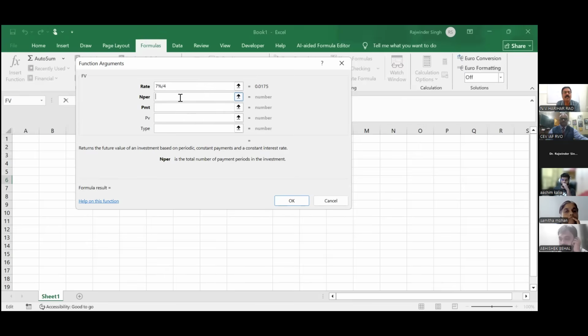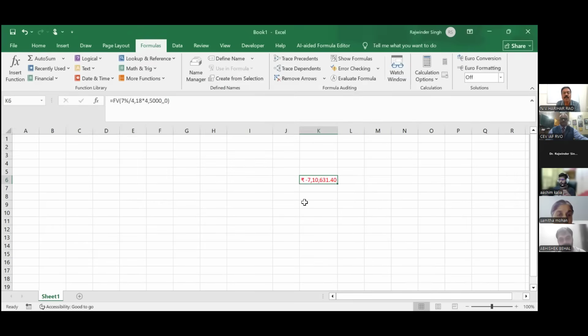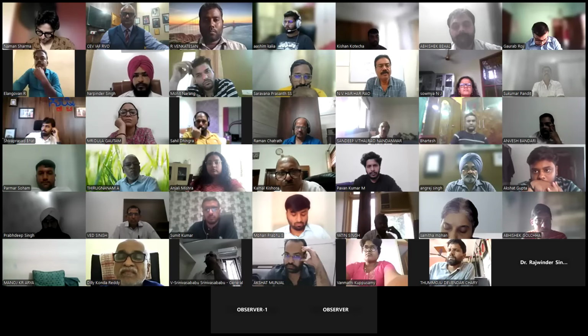Simply, NPER is 18 multiplied by 4. Payment is 5,000. Type is 0. That will change the value. This way you can calculate. Directly also we can put it, you can also do that. Okay.